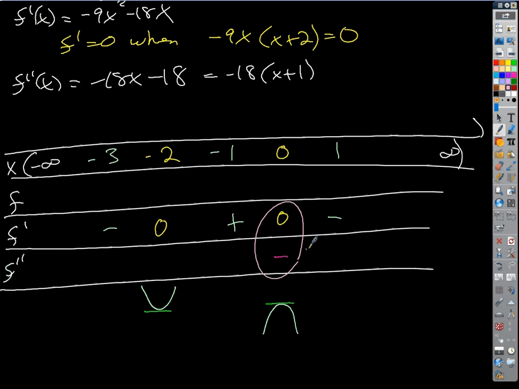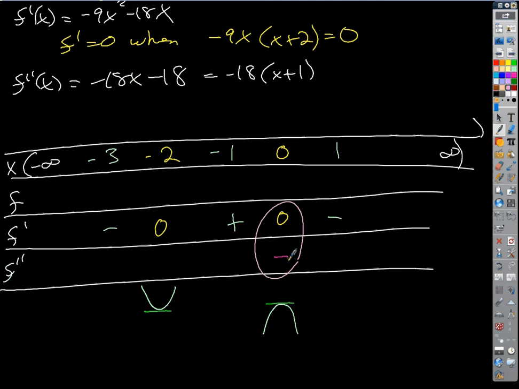That's a horizontal tangent line, and what kind of concavity? Negative, right? What's that have to be? It's gotta be a maximum, doesn't it? If I get a 0 first derivative and a negative second derivative, a concave down function with a horizontal tangent, it has to be a maximum.